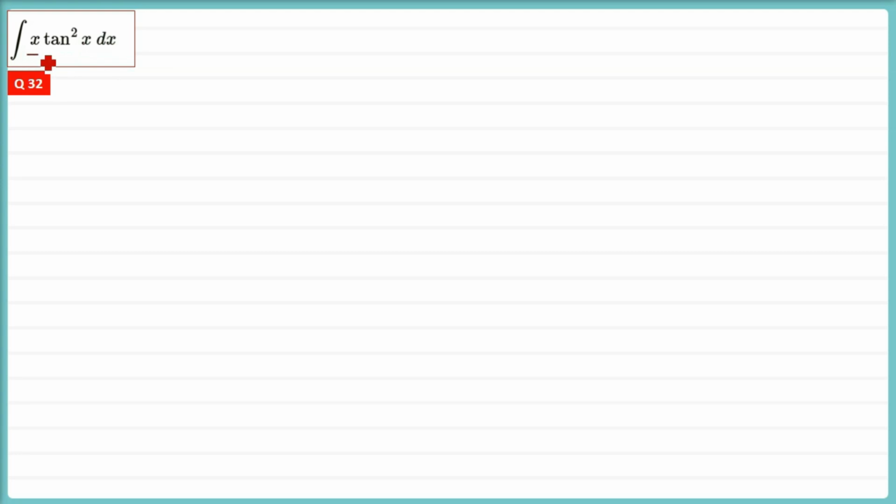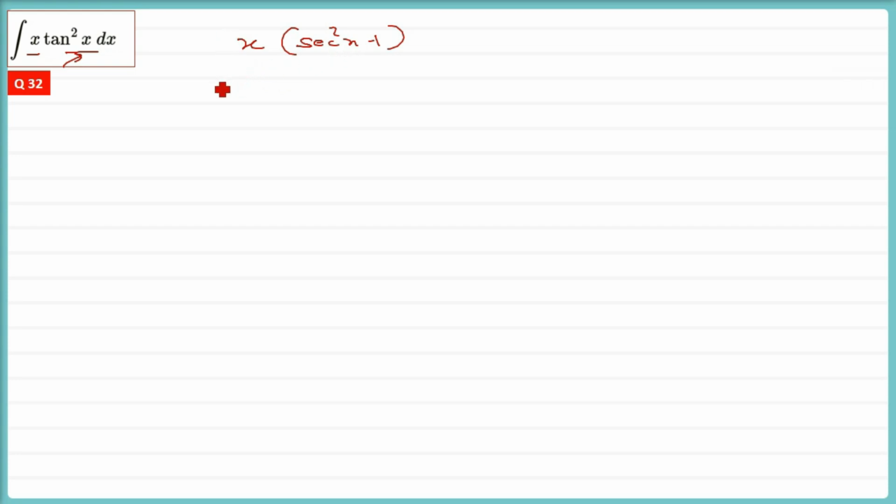Okay. So the x tan square x question: when you differentiate or integrate, that will decide which one has to be taken as the first function or the second function. So I'm writing this as x and tan square x as sec square x minus 1, because we know that sec square x has a direct integration.